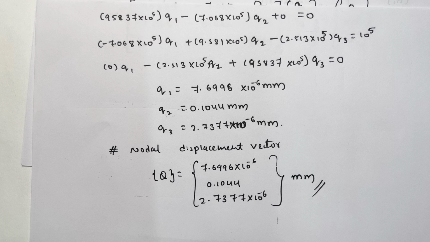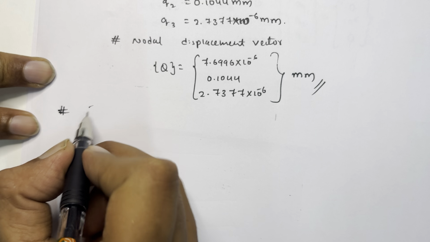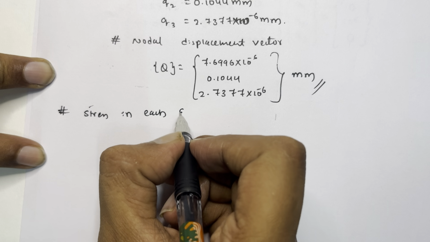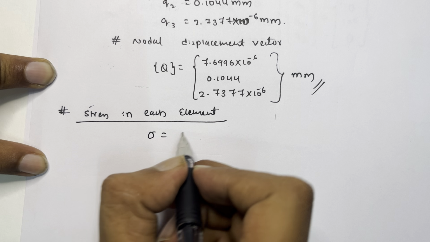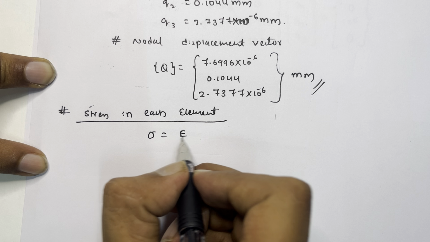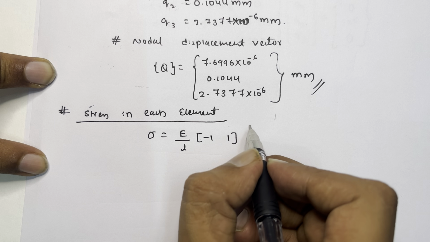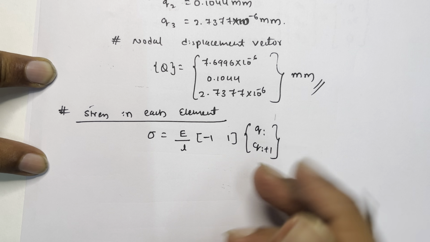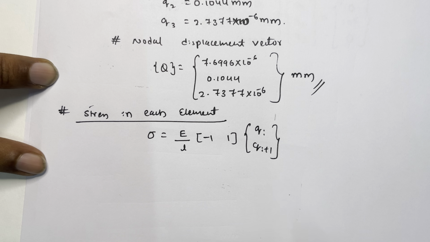Now we have to calculate stress in each element. We know the stress formula, sigma is equal to E by L, [minus 1, 1], [qi, qi+1]. If you are taking element 1, this will be q1 q2, for element 2 this is q2 q3.